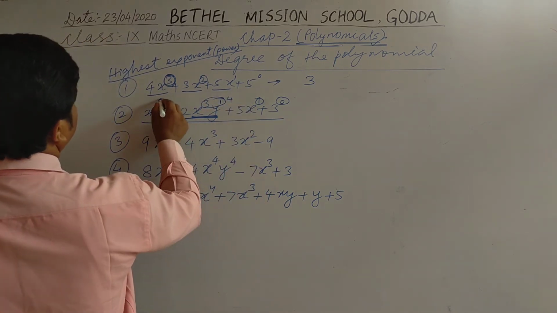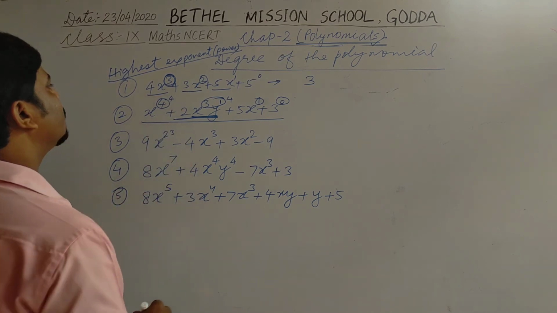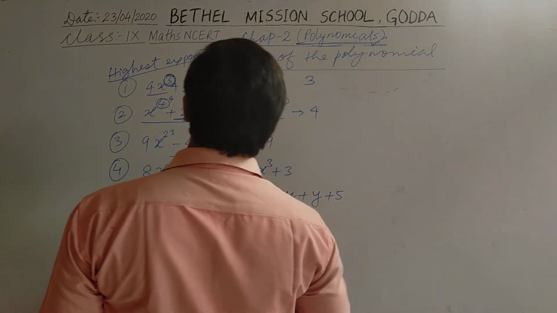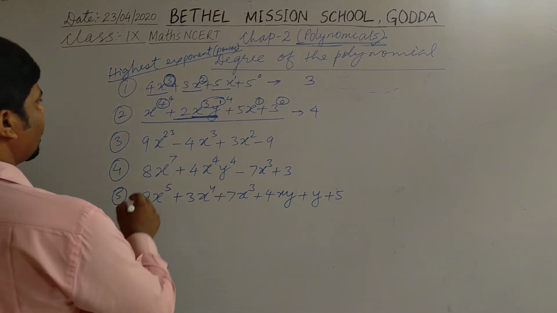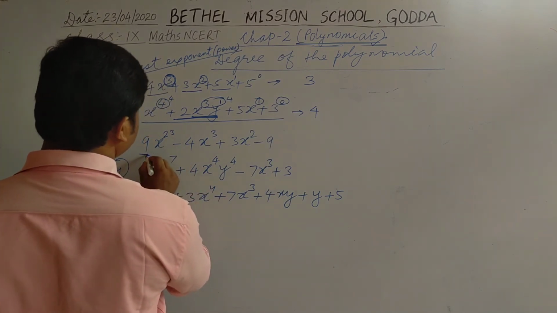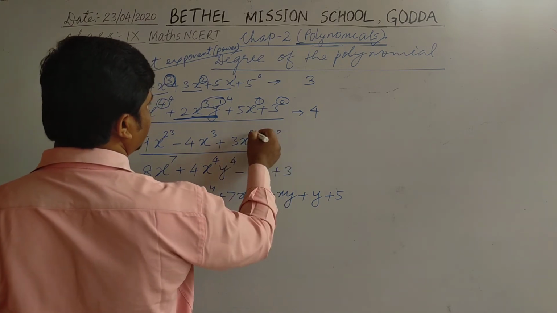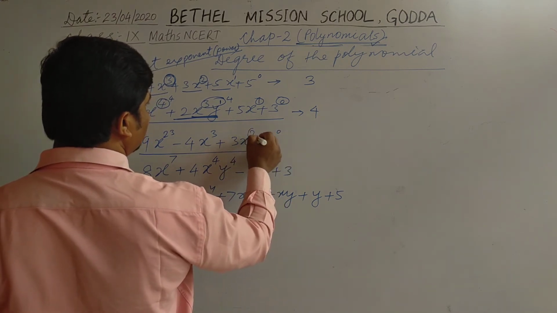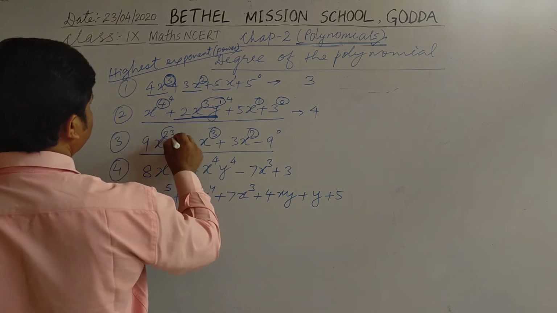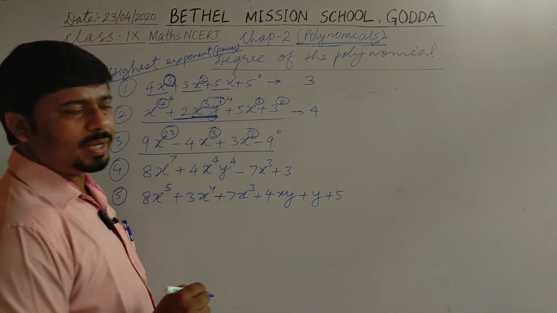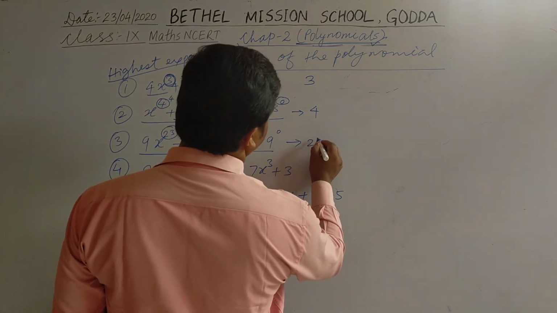And here the power is 4. So what will be the degree of this polynomial? The degree will be 4 because the highest degree is 4. Here 0, here 2, here 3 and here 23. Obviously the degree of this polynomial will be 23.